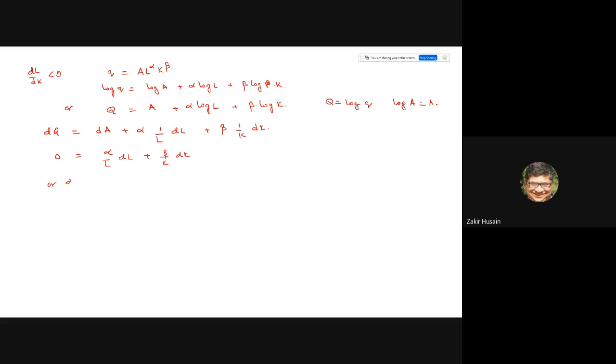So what is dK by dL? I made a mistake earlier, it should be dK by dL. So dK by dL is alpha by beta into K by L, with a minus sign. Now all the four terms are positive, so this will be negative.